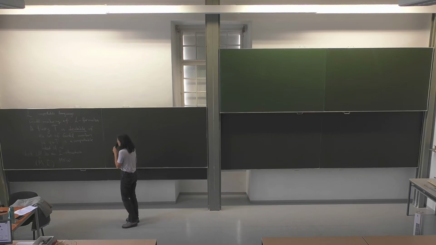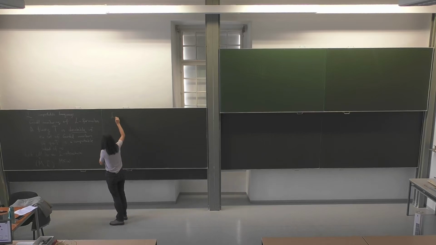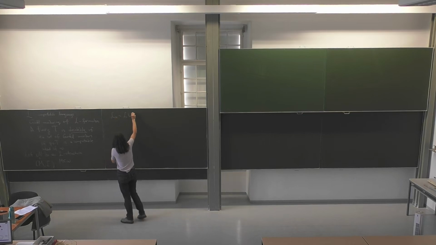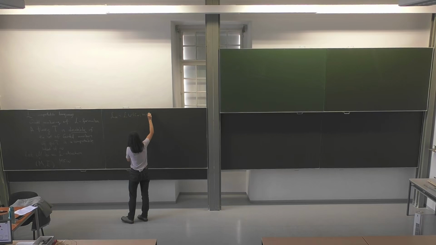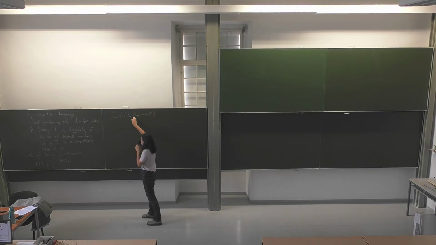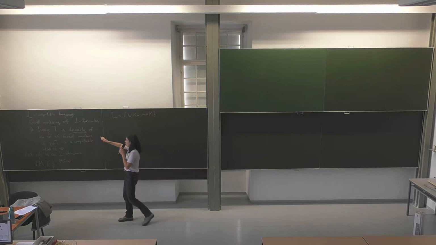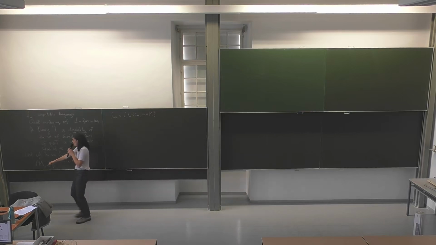We expand the language. We consider the language L_M, which is L together with, formally speaking, constants for m in M. So we expand the language with some new constants, or maybe we just take the same objects, so we consider them as semantic and syntactic objects at the same time.